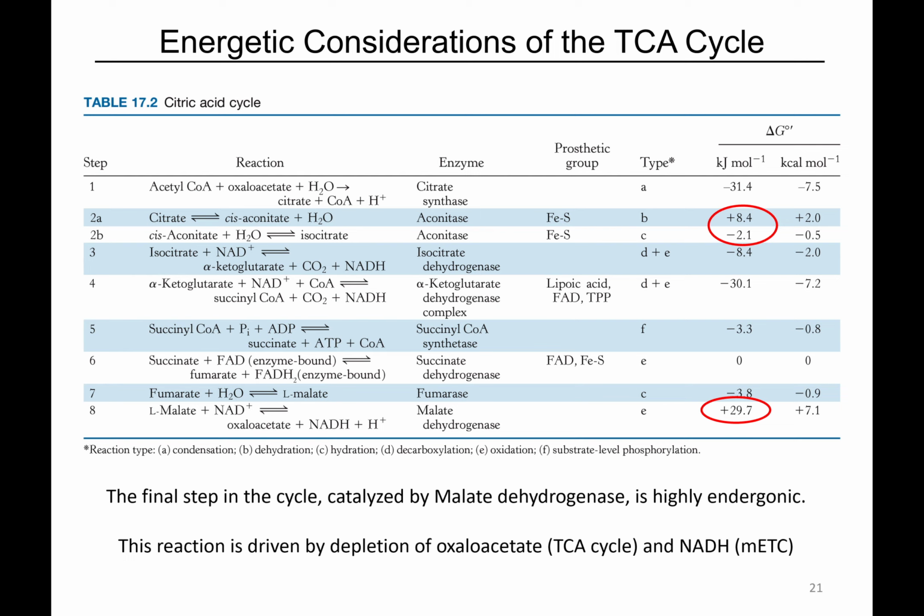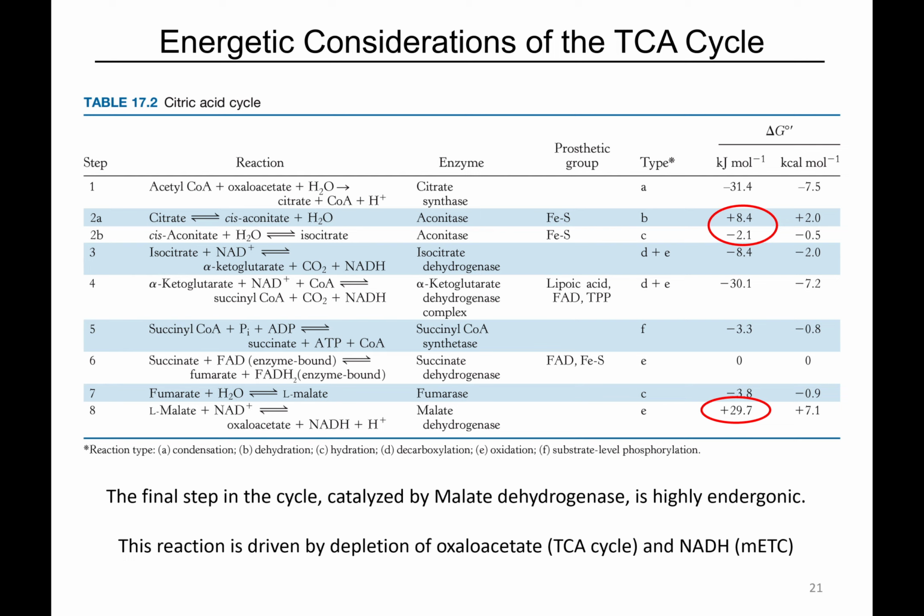It's highly endergonic. Okay? So the way that we can push non-spontaneous reactions forward is by impacting the concentrations of reactants versus products, right? Remember, go back to delta G equals delta G naught plus RT ln Q, right? So impacting concentrations of reactants and products can help us overcome otherwise non-spontaneous reactions.